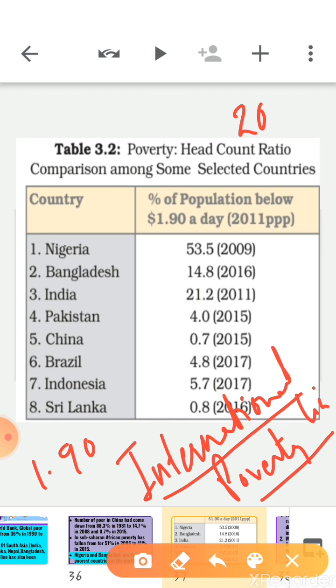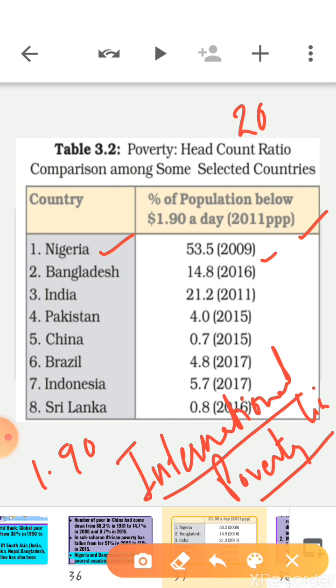Now, this table shows that Nigeria has the largest percentage of population below 1.90 dollars a day, that is 53.5 in 2009. So we have four countries which have a high percentage of population living below the poverty line.